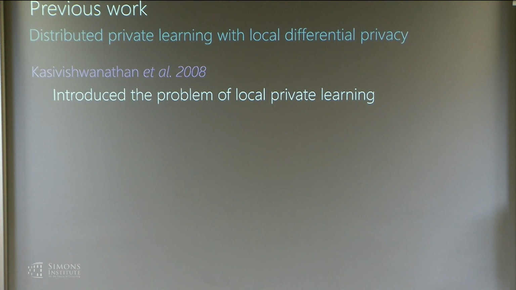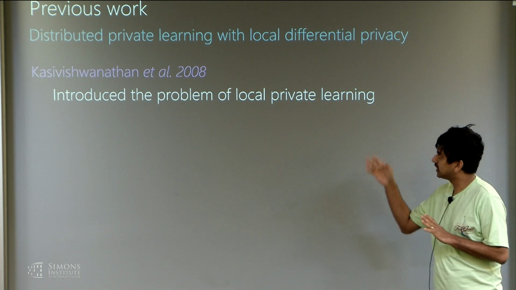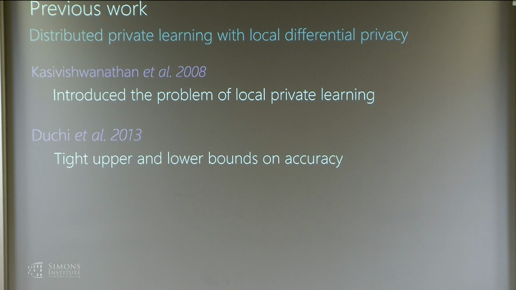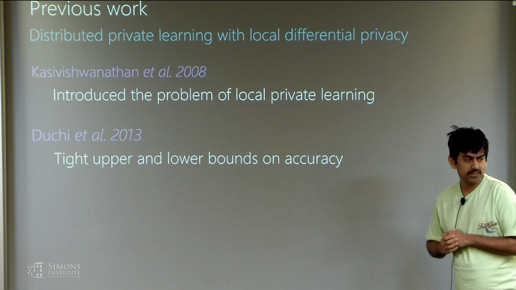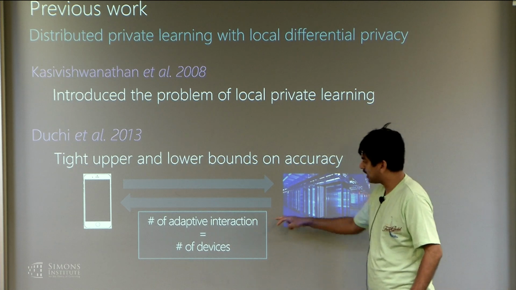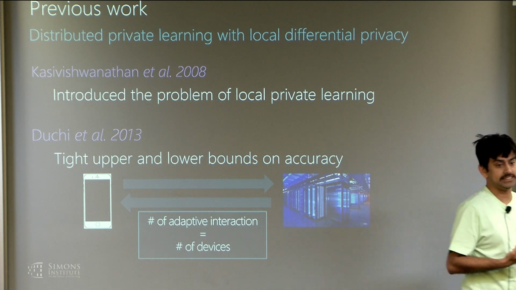So this is some description of the previous work. The Cleaners paper introduced the problem of local private learning. Duchi et al. gave tight upper and lower bounds on accuracy, which resulted in an algorithm where the number of adaptive interactions was equal to the number of devices.